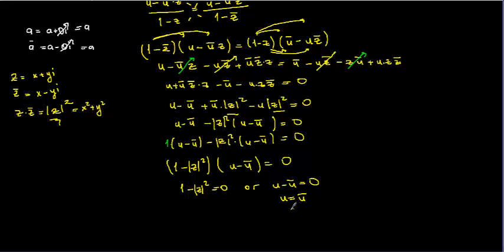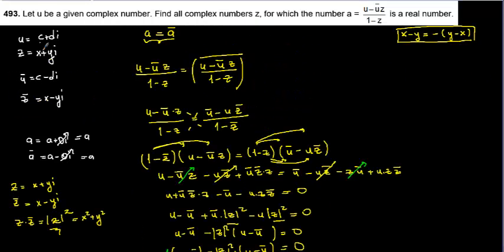So here u minus u conjugate is equal to 0. This means the number is a real number, but at the beginning it was mentioned that u is a complex number. U is a given complex number.